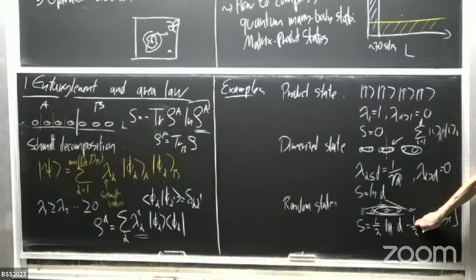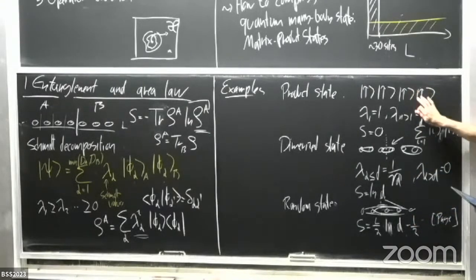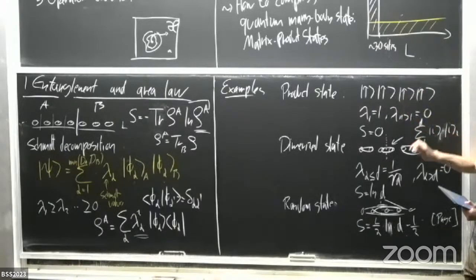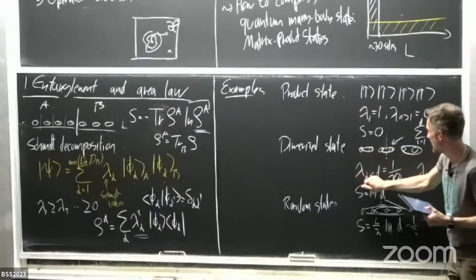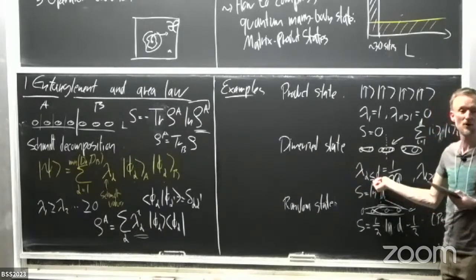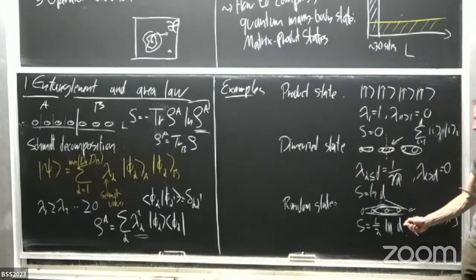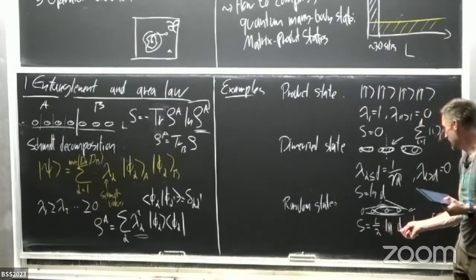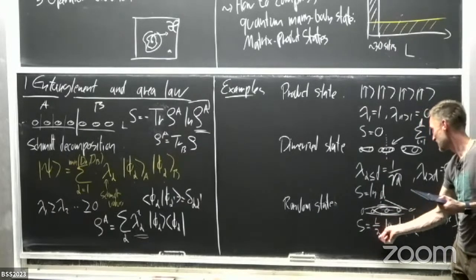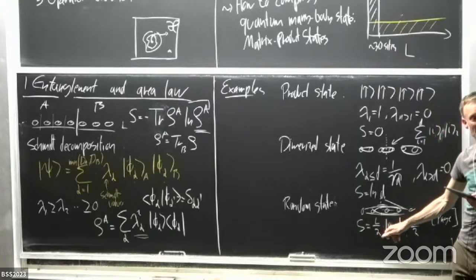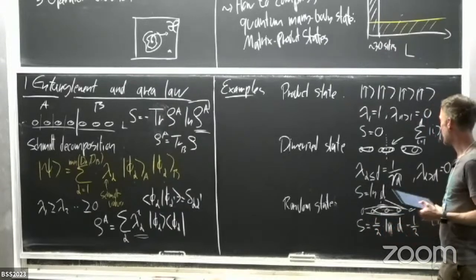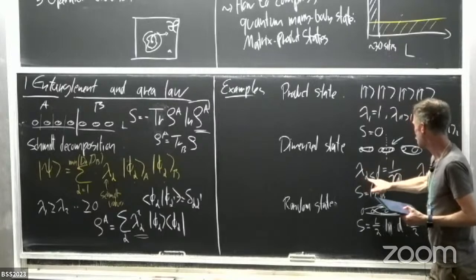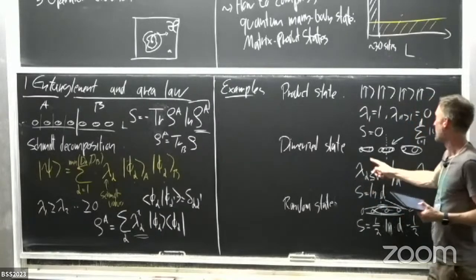So we see, and this is an important takeaway message, that we have certain states, like the product state and the dimerized state, where we really have only a finite number of non-zero Schmidt values. But if we take a random state, we see that the entanglement entropy is proportional to the system size, and as a result, the Schmidt values are roughly flat.